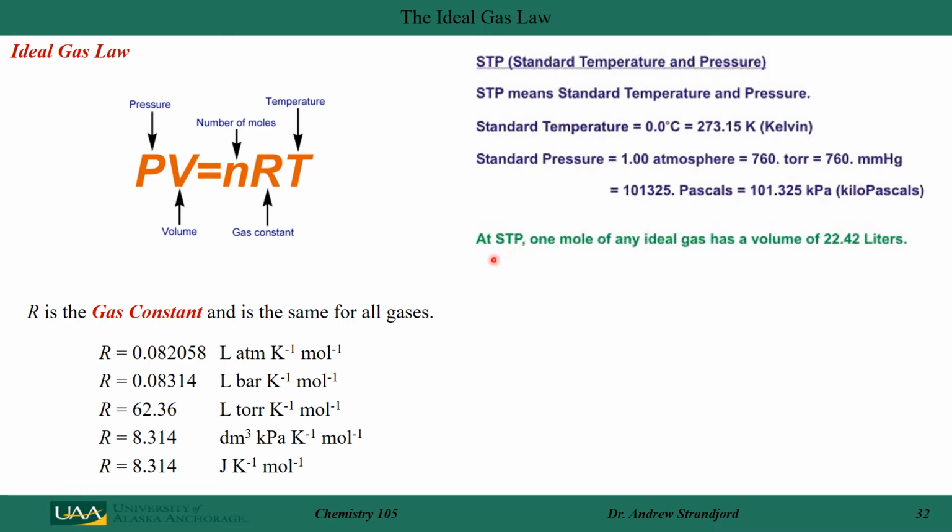We can conclude that at standard temperature and pressure, 1 mole of any gas has a volume of 22.42 liters. And that's just substituting these values in for the temperature and the pressure as stated here in the standard temperature and pressure.